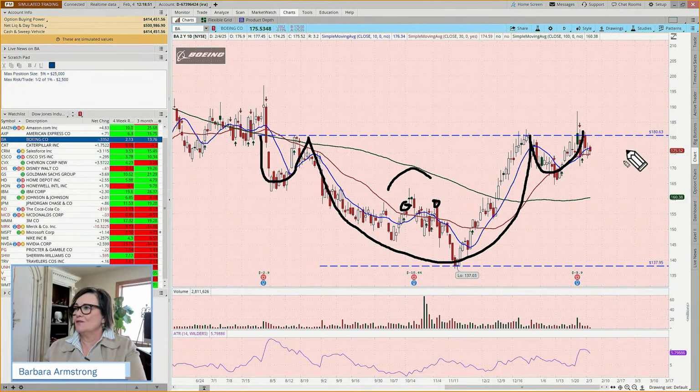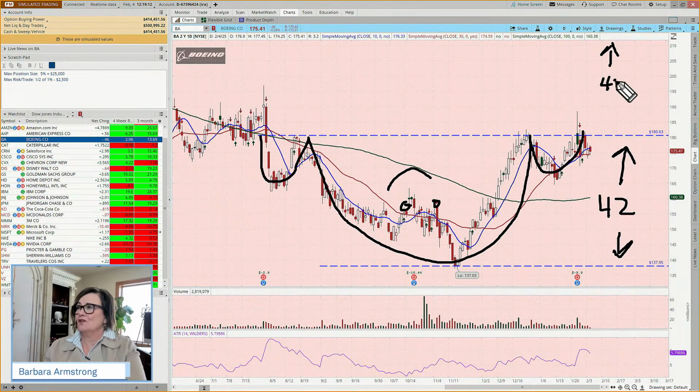Okay, and we've got quite the range here. If you take this 138 to 180, that's about $42, right? What might a target be? Well, according to this range, if we added $42, it could be about $222.